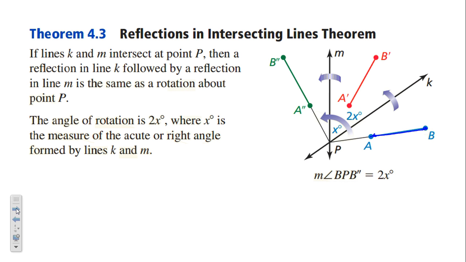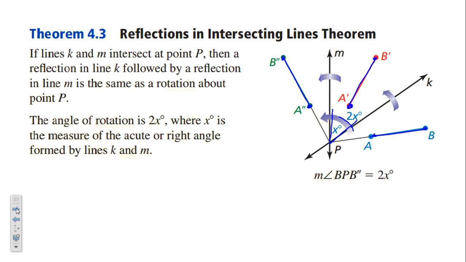Taking AB, and we're reflecting it across this line to A prime, B prime. The distance that is being reflected when we reflect it one more time across this is a total of x degrees between these two angles.